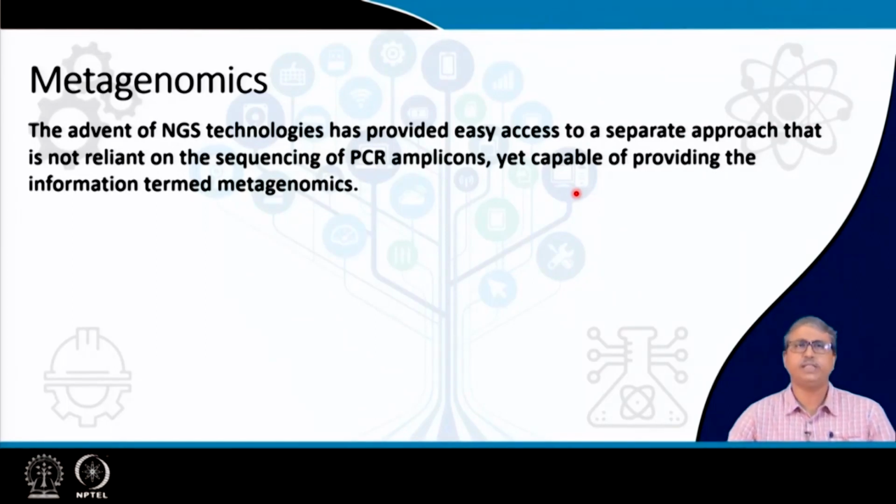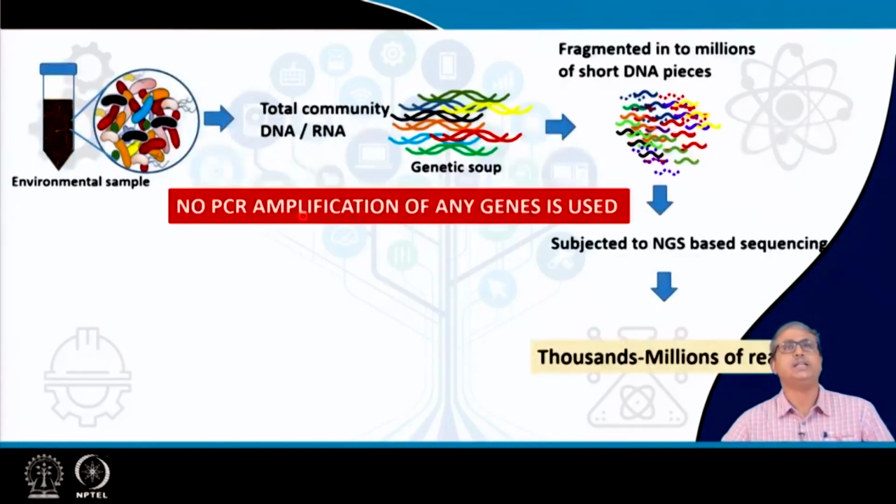Now, the advent of next generation sequencing technology has provided easy access to this approach. It is not reliant on sequencing of PCR amplicons, so we do not need to PCR anything, neither do we need to wait for the time and money that large numbers of clones require to be sequenced, as scientists initially did with the Sanger sequencing method. But the NGS method is capable of providing information on a large scale, which is basically metagenomics.